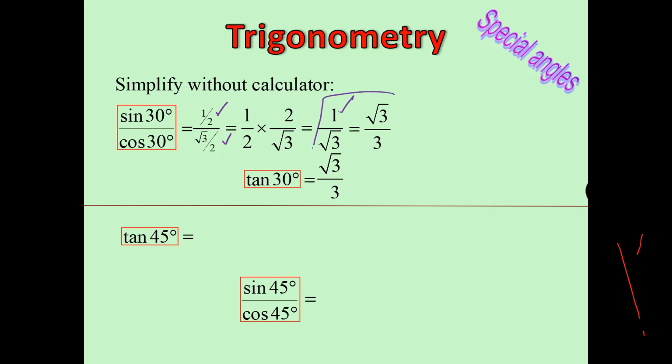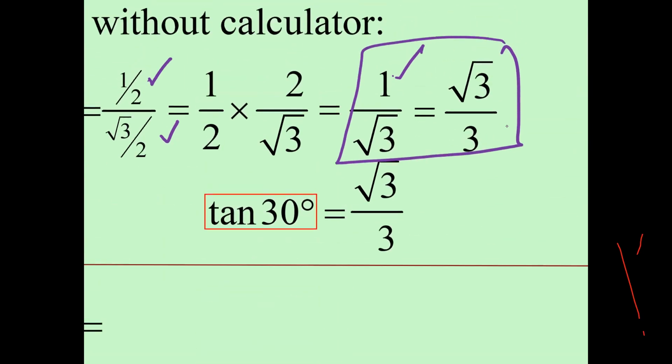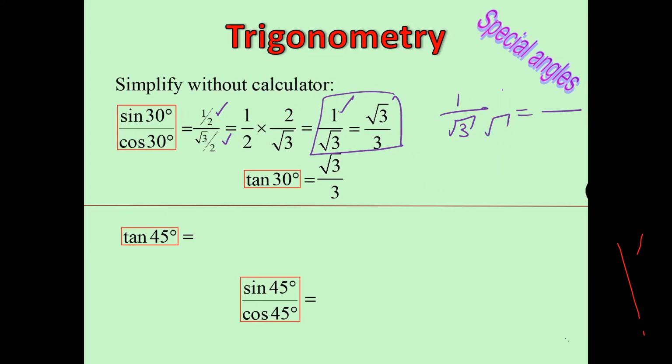Now, how can we actually make a resemblance and say this? Watch. 1 over root 3. To make a denominator rational means we don't want a square root, right? So we multiply this by root 3 and we multiply the top by root 3. So we've actually multiplied root 3 over root 3, which is 1.